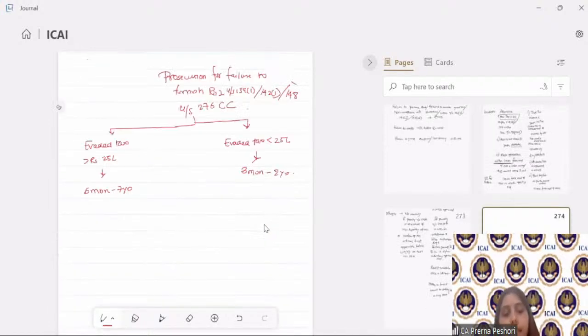The 276 CC. Now there is an exception to this, and what is the exception?